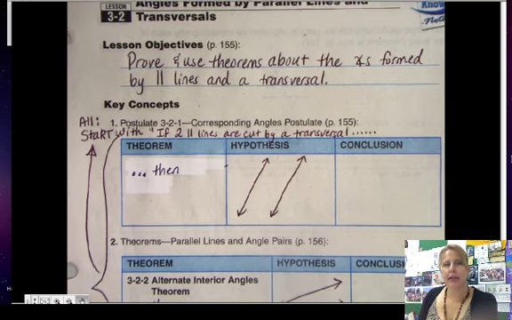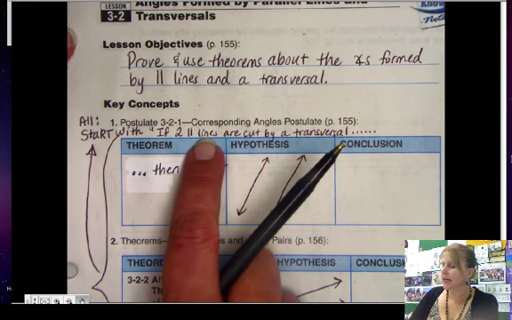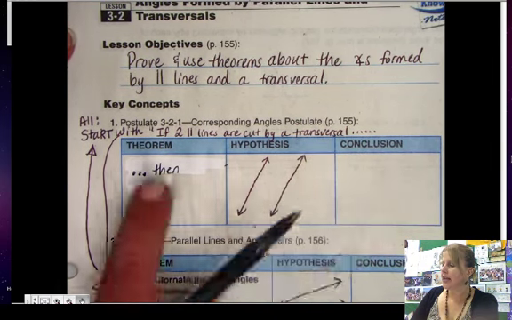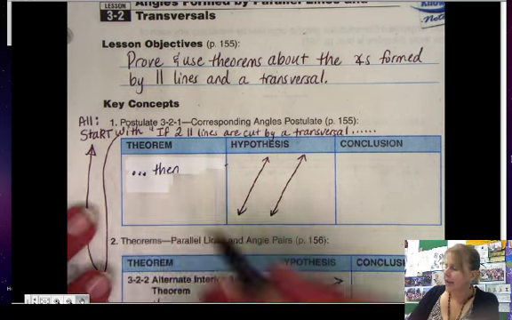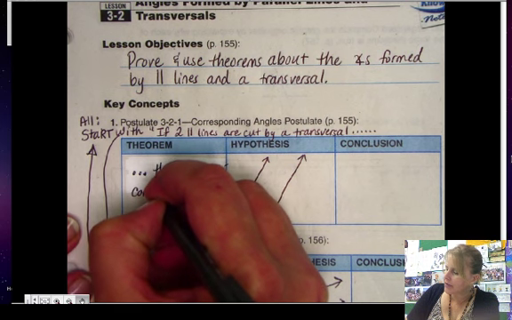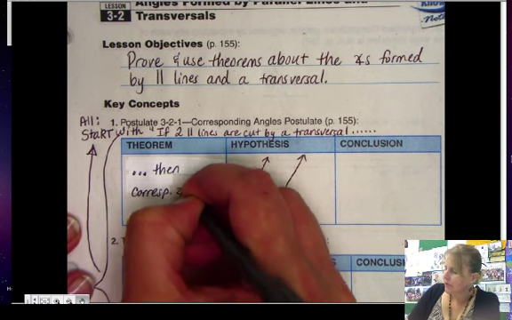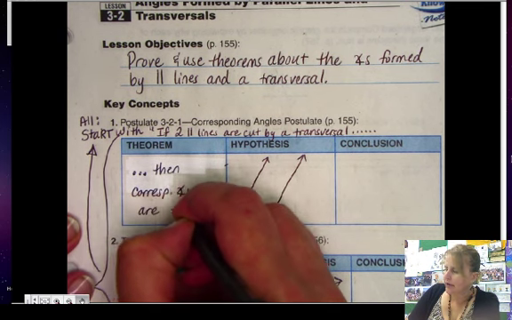If two parallel lines are cut by a transversal, then for the corresponding angles postulate, we can say that corresponding angles are congruent.